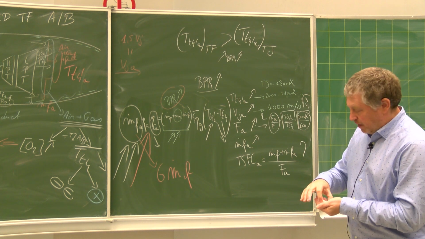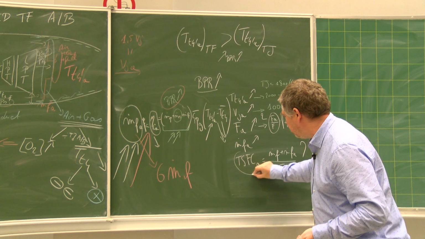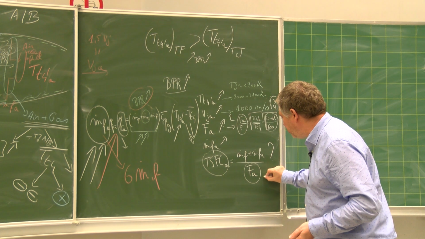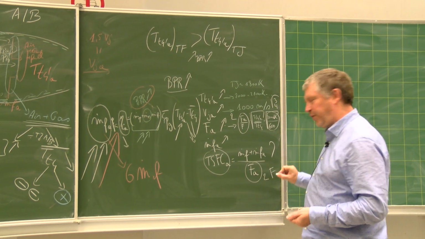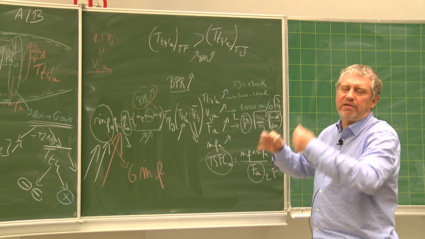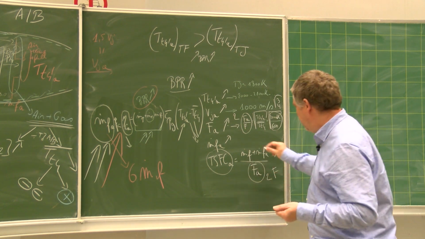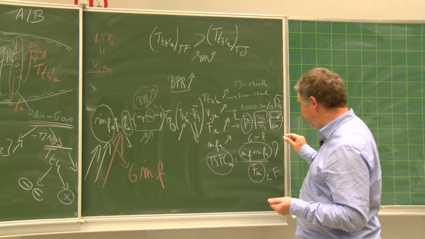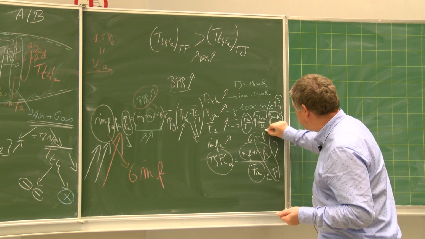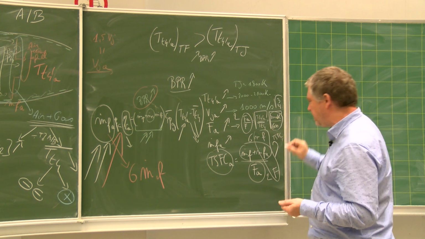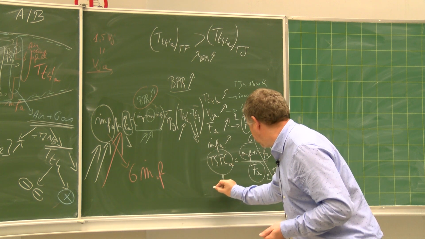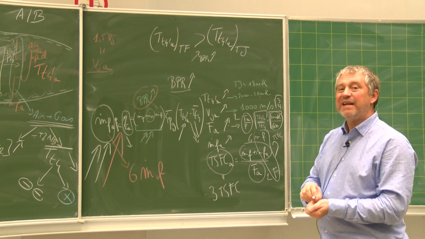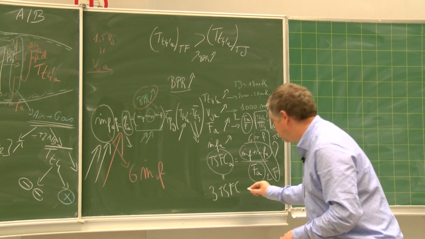And so, if you take the TSFCA and you take this equal to 2 times F, turbojet without afterburning, and if you take this equal to 6 times m dot F, if you take this equal to TSFC without afterburning, you see that now the TSFCA is 3 times the TSFC without afterburning.